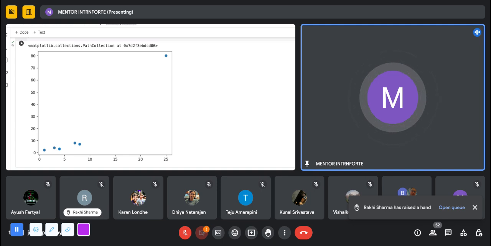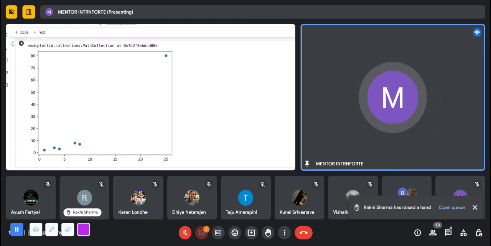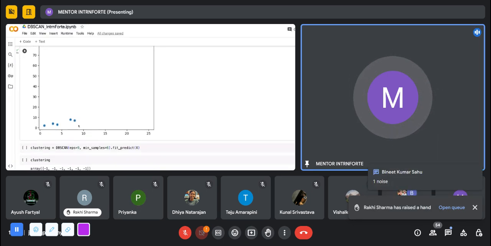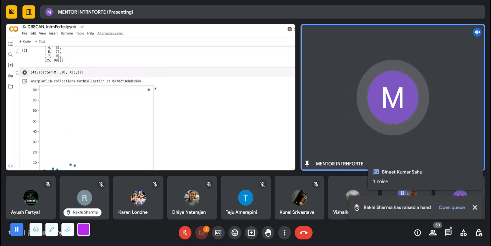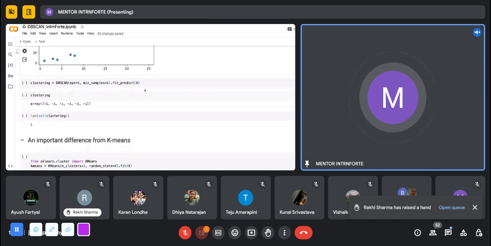Amongst these blue points, how many noise points do you feel? Two clusters, one noise. Very good, Pranav. Guys, if you have any question, please drop it in the chat box. I will take them up once we are done with the entire thing so that the flow is not disturbed. So we can have two clusters and one noise, or in a broader sense, even one cluster and one noise. That also can be a possibility.